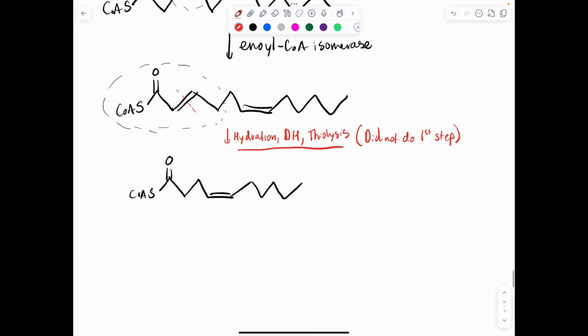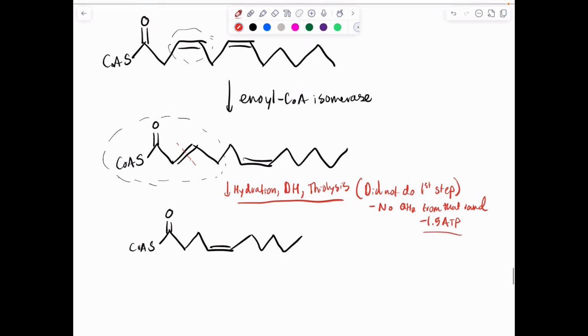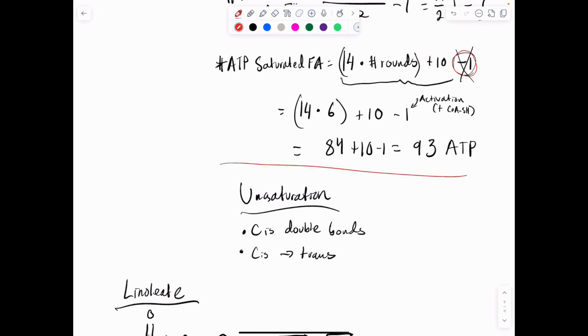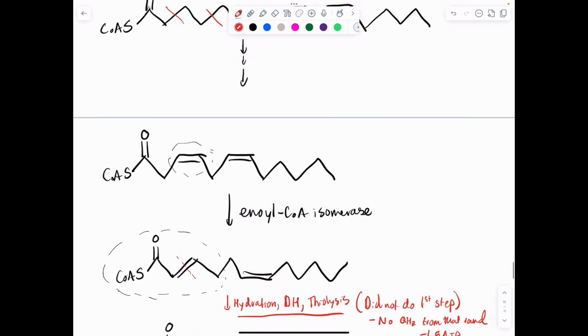Since you did not do the first step, you will have no QH2 from that round. And this is why we subtract 1.5 ATP if you have one cis double bond. If you have a fatty acid that has one cis double bond, or multiple cis double bonds, for the first cis double bond you encounter in your beta oxidation, you're going to subtract 1.5 ATP from the final yield, like what we calculated up here. You would subtract 1.5 ATP molecules.